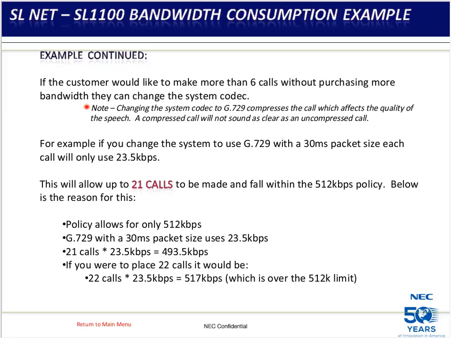So the point is we can adjust for it, but you've got to set the expectation with the end user. We can adjust for this without buying more bandwidth, but your voice quality may decrease a little bit. Some people may notice it, other people may not. But this is one way to make adjustments for bandwidth limitations when doing voice over IP.